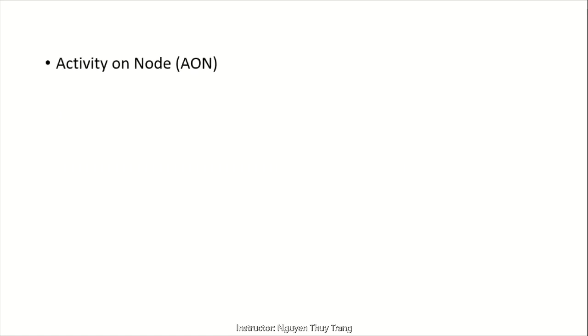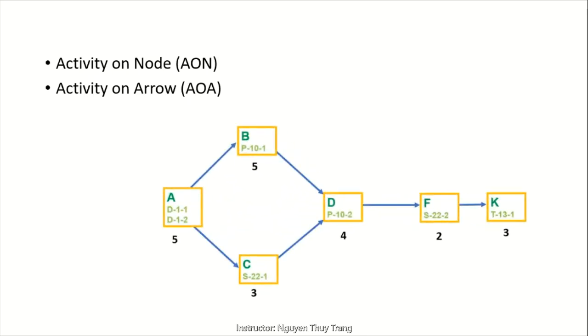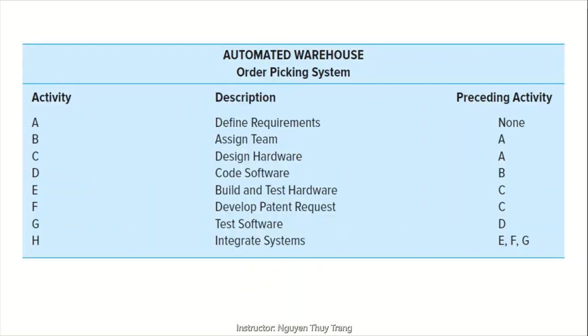Okay, there are two methods of constructing a network: activity on node or AON, and activity on arrow or AOA. The example that we worked before used the AON, or activity on node, method. The information of a simplified project network is presented here. This project represents a new automated warehouse system for picking frozen food package orders and moving them to a staging area for delivery to stores.